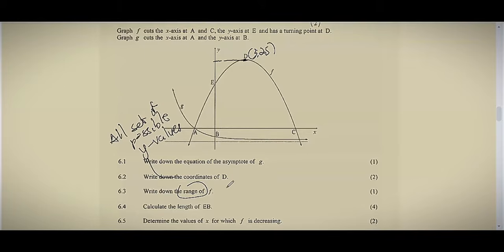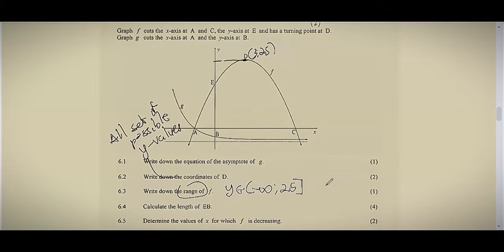So how are we going to write that? To write the range, we say y is an element of round bracket, because you cannot include the negative infinity. Remember, we don't even know what that negative infinity is. The negative infinity all the way up until 25, then square bracket, because 25 is included. Remember, 25 is also a value for this graph of f, right?